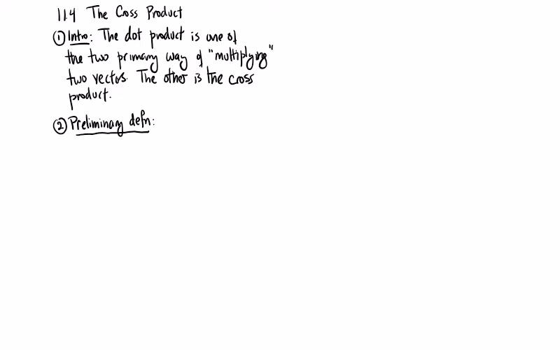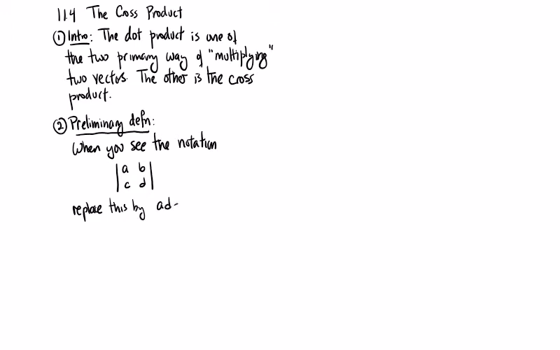The key thing to remember is when you see some notation, which I'll give you, you want to do a calculation. In other words, when you see the notation, it looks like an absolute value with 4 numbers in it, like this. You want to replace this by AD minus BC.